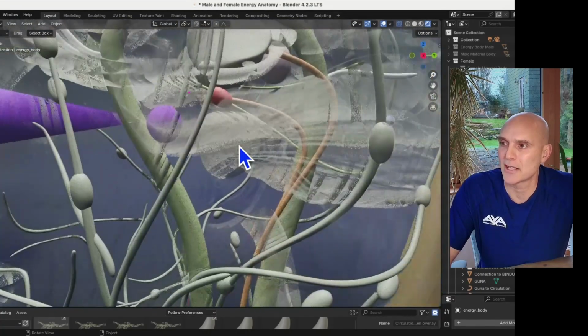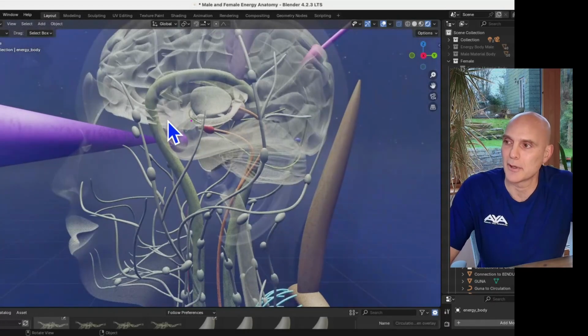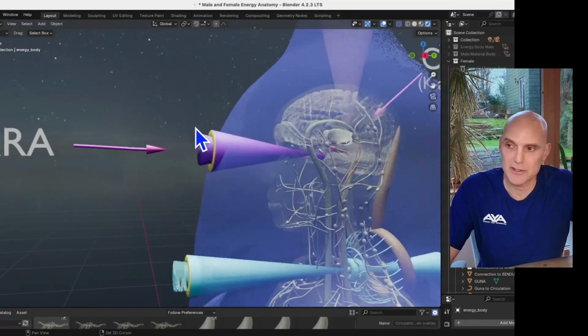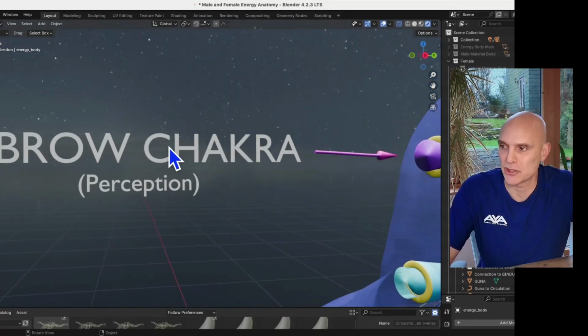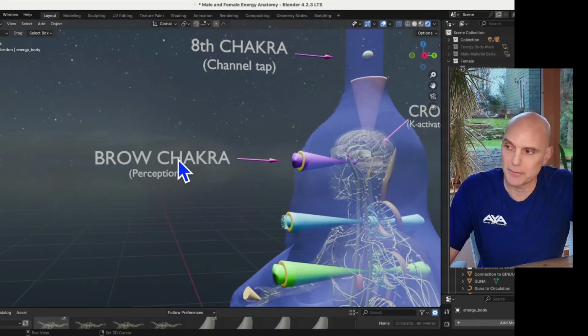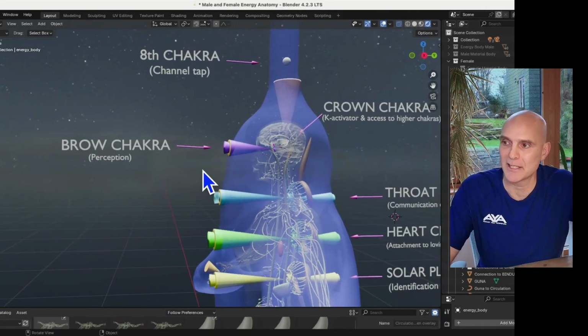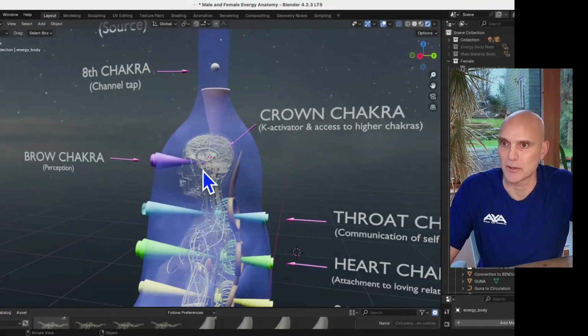The brow chakra is actually right there. That's the location of the pituitary gland in the brain. So the brow chakra is all about perception into the astral dimensions, and also communication, but in a telepathic manner. So telepathy and perception, that's what the brow chakra is all about.